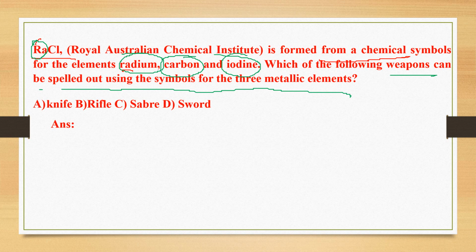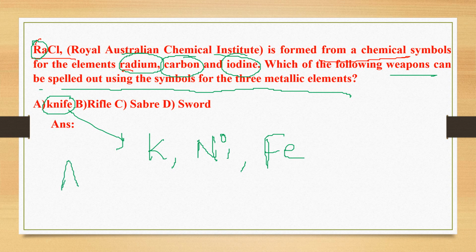We can use knife: K means potassium, Ni means nickel, Fe means iron. That is the right answer, because knife is potassium, nickel, and iron.